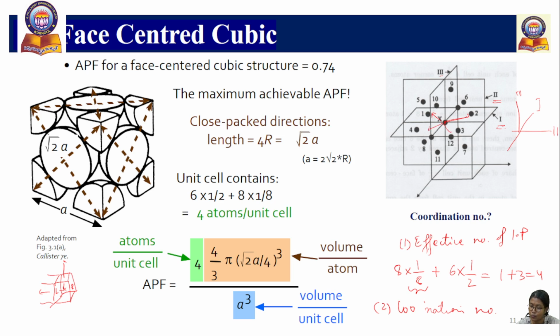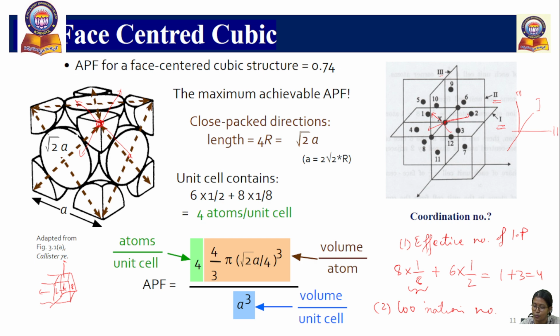So in plane 1 only, this corner atom is touching 4 face atoms. You can see this in the left side diagram again. If we go up like this, 2, another like this, 3, another like this, 4. So this corner atom is touching 4 face atoms on the floor.